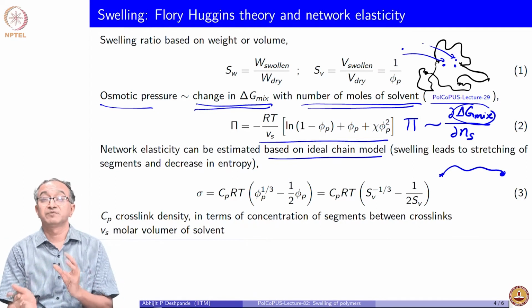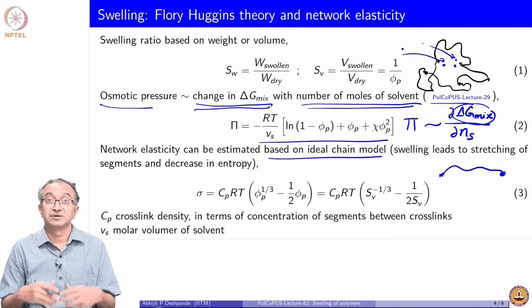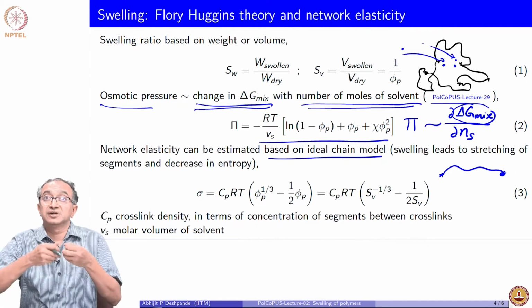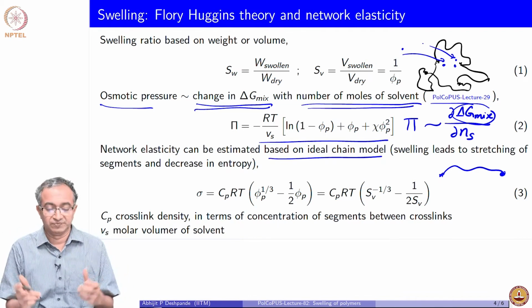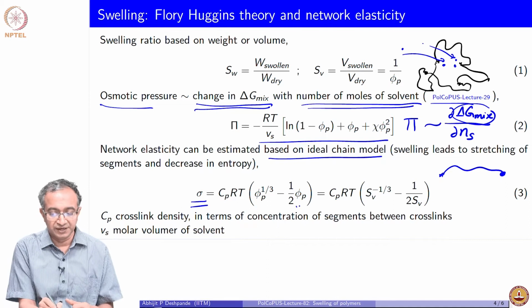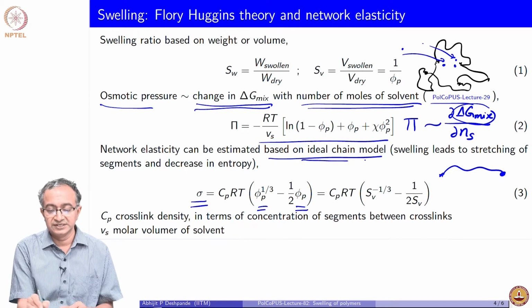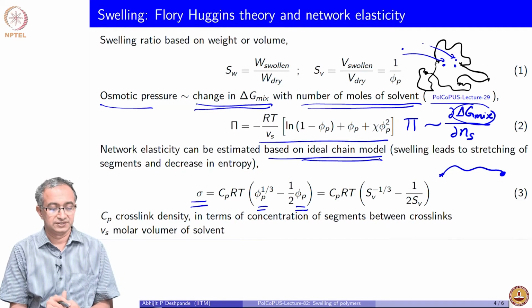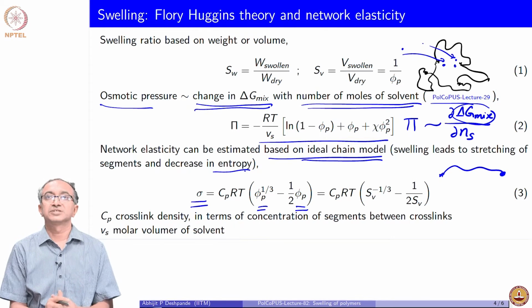So, based on these entropy changes, we can find the amount of force which is required, because the force will be nothing but the change in free energy as a function of the stretching. And so, we can evaluate the stress as a function of the amount of solvent in the system, and this is based on the ideal chain model that we have already discussed, and it is related to the conformational entropy changing in the polymeric system.